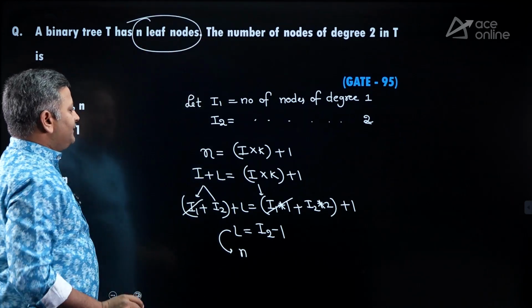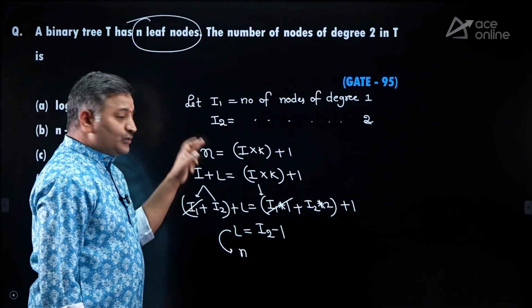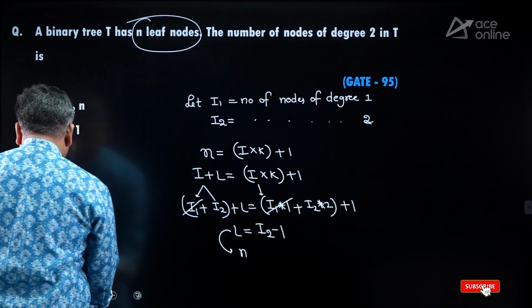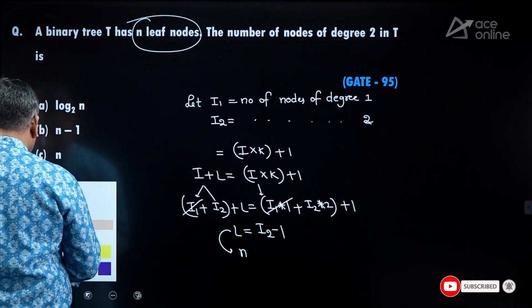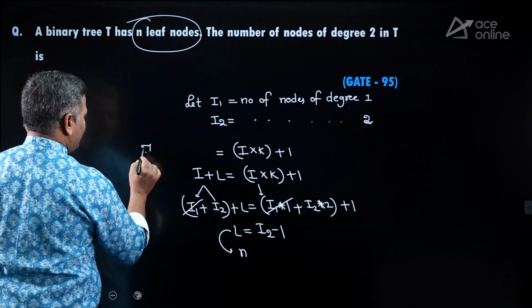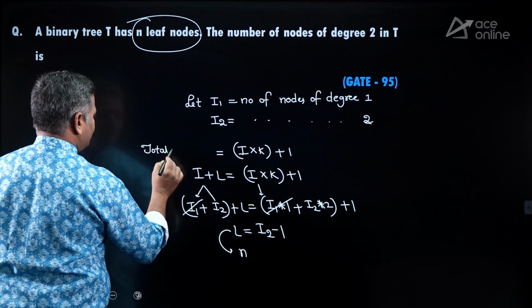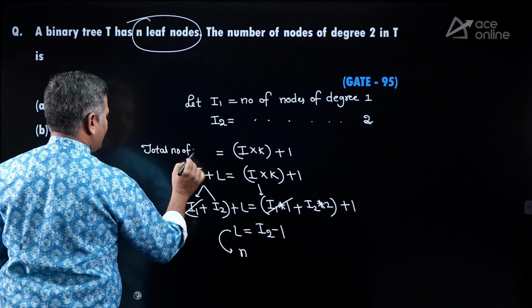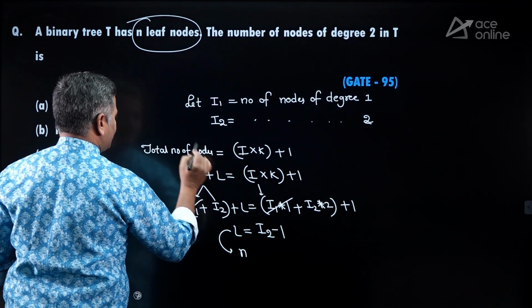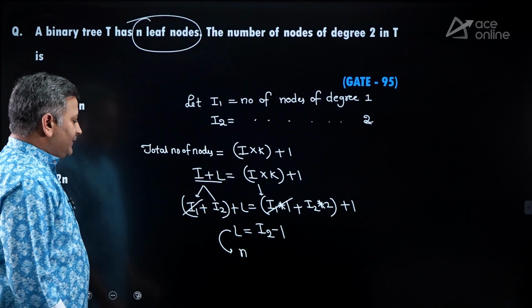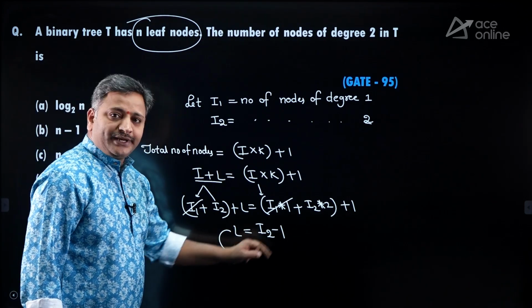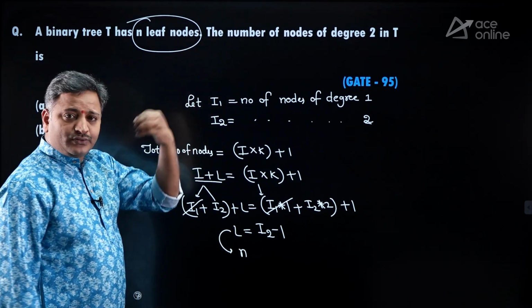Here I have taken n as the total number of nodes, where total number of nodes means internal nodes plus leaf nodes. From this, L equals I2 plus 1, but in the given problem n indicates the number of leaf nodes.